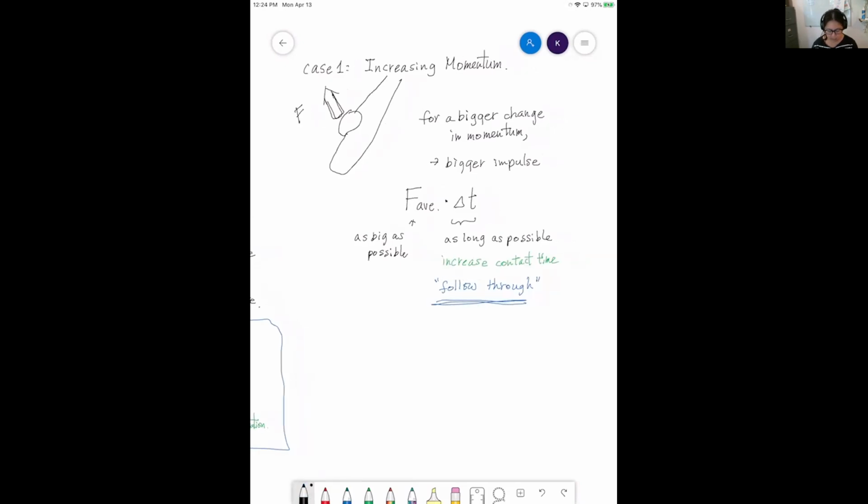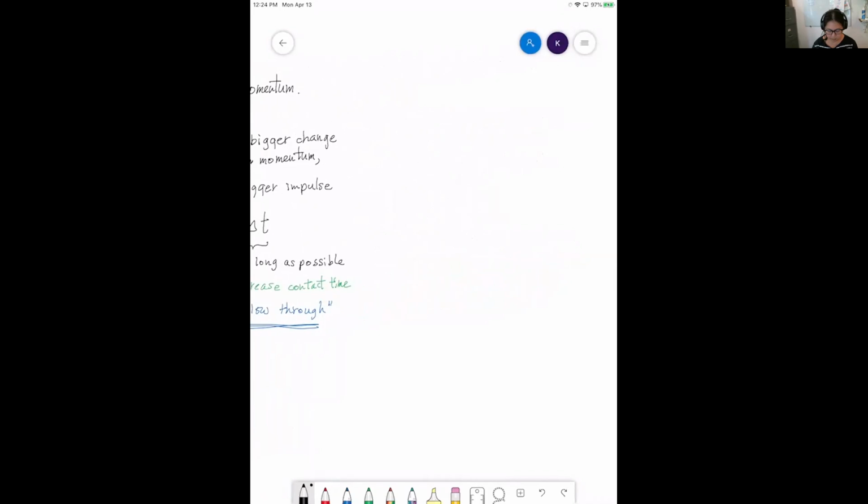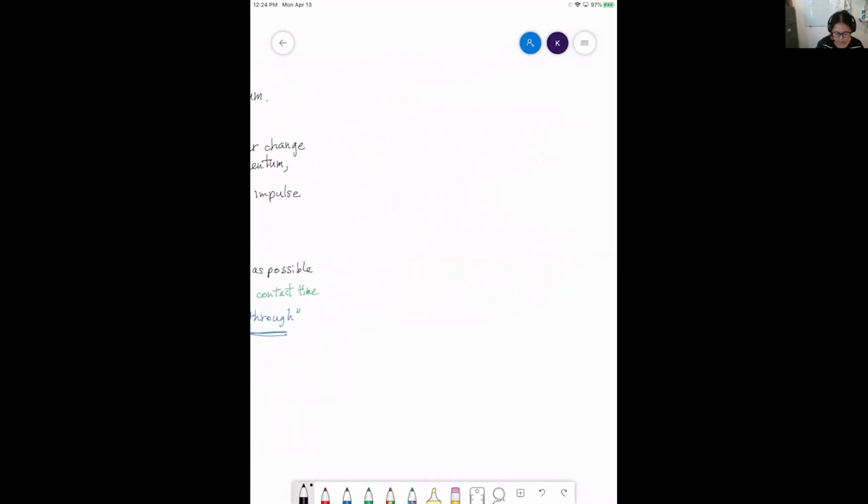Case 2. Now let's talk about decreasing momentum.